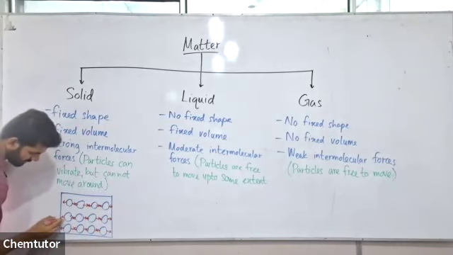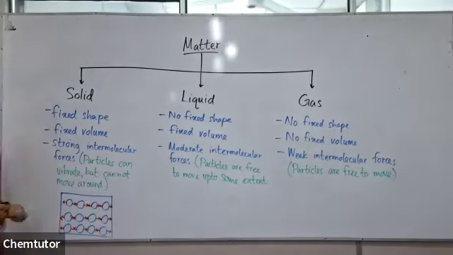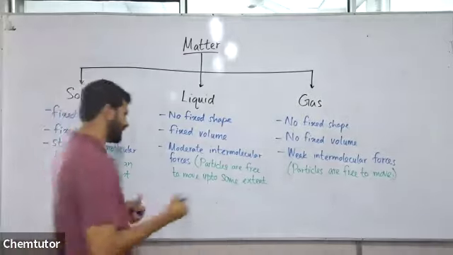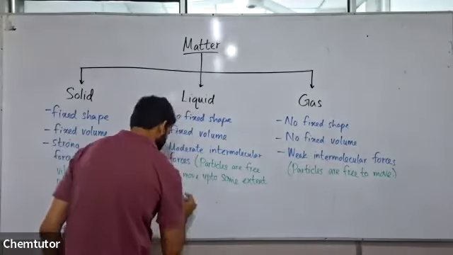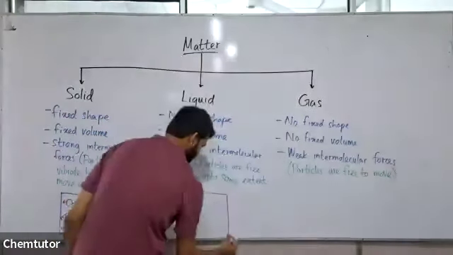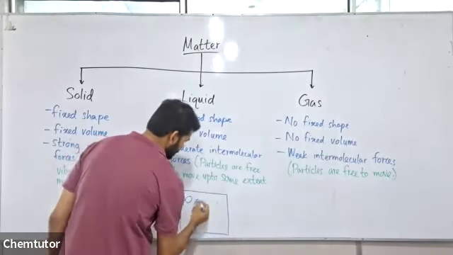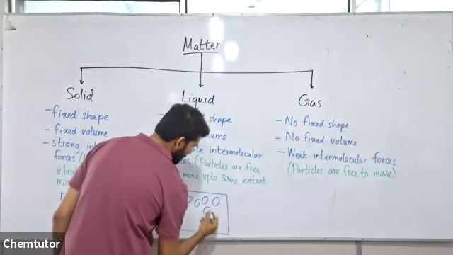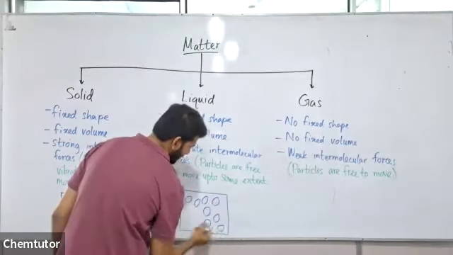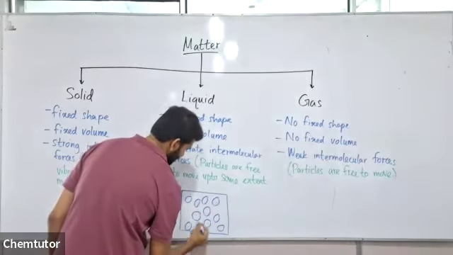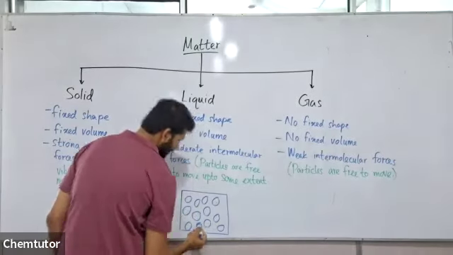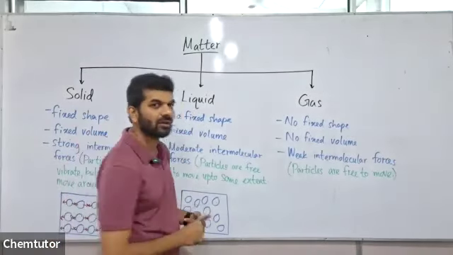Like this. So that is in solids. In liquids, what will happen? We have a sample. There are liquid particles which are randomly arranged. The particles are closer to each other, but they are not in an orderly arrangement.